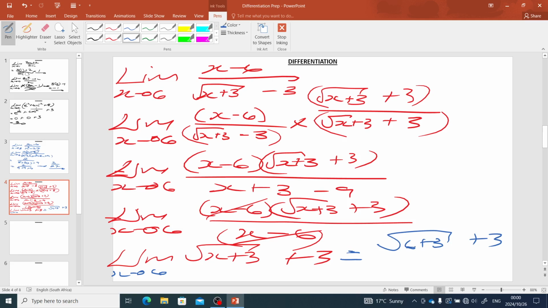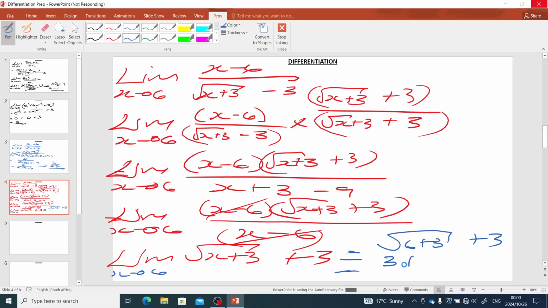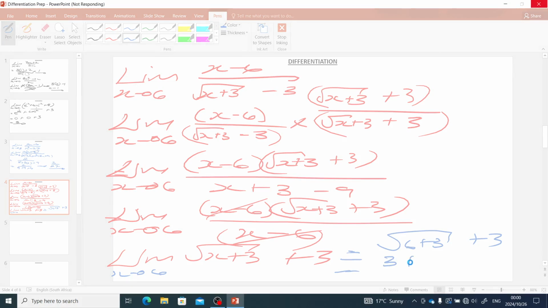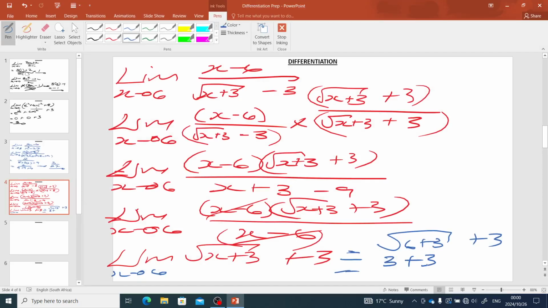We know that 6 plus 3 gives us 9, and the square root of 9 is 3. Then we will have 3 plus 3. Then our answer would be 6.